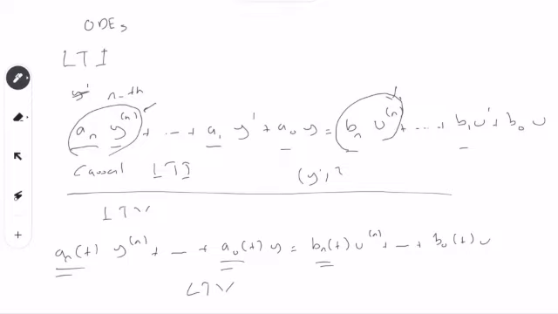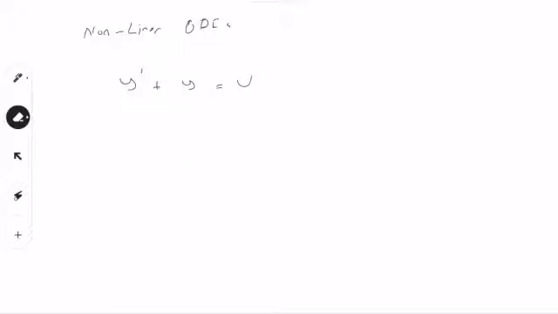Okay, it's good, so let's change the slide. Now, how can we model nonlinear ODEs? Let's have an example and then generalize it. If y prime plus y is equal to u, we know that this is linear time invariant. However, if we make it y prime plus y square is equal to u, it's not linear.